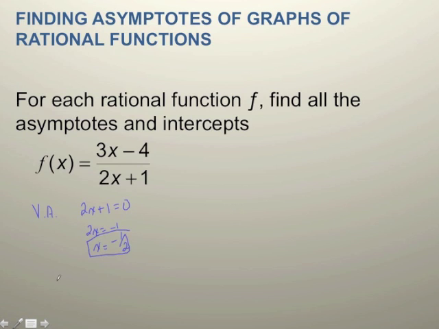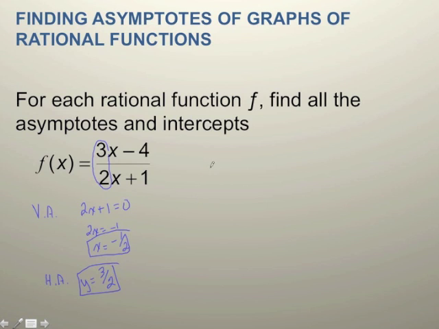For the horizontal asymptote, since these are an equal degree function, we really look at the leading coefficients. We look right here. The horizontal asymptote will be y equals the ratio of leading coefficients, 3/2. That's what we look at there.